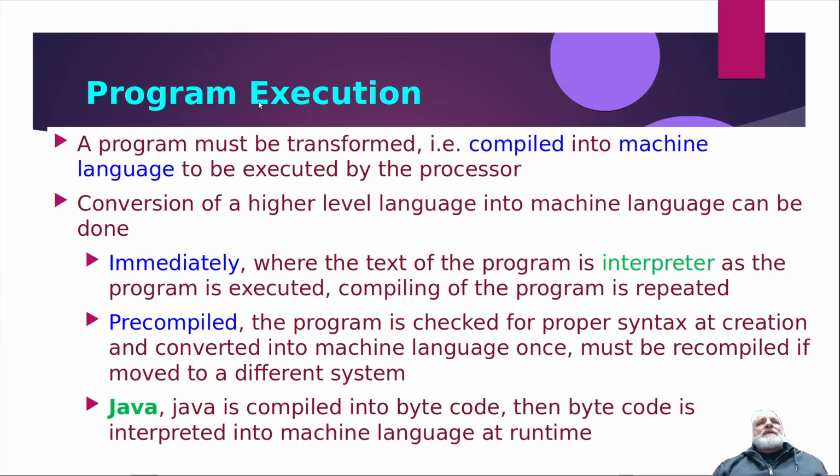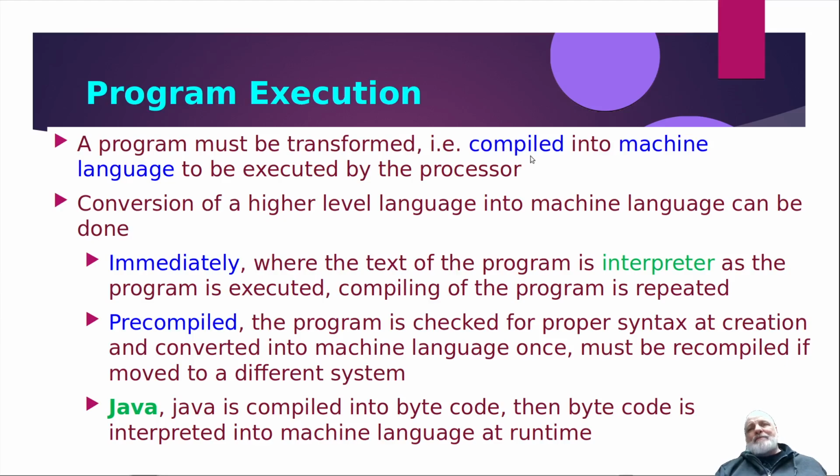All right, so when we talk about executing this program, again, the program always has to be in machine language to be executed. But the question then becomes, when do we convert it from more of a graphical or text-based version that we can easily read into the ones and zeros that the computer actually needs? And so there's two ways of doing this. One is what you call a compiled language.